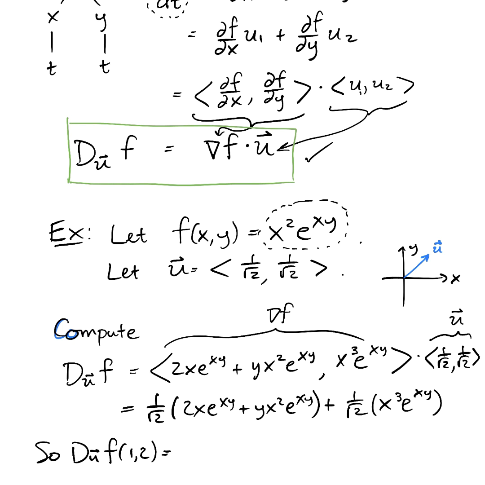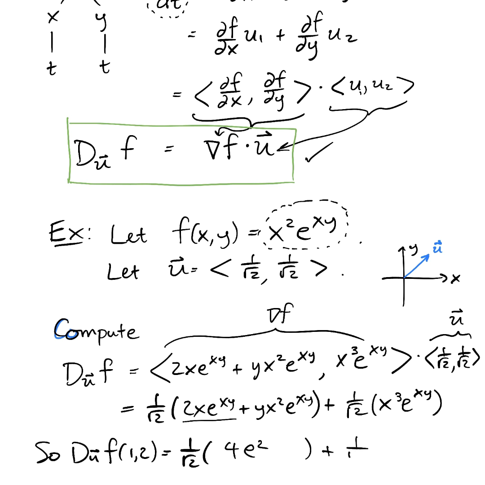So let's see if I can do this. This piece, 2e squared plus 2e squared. So 4e squared total.